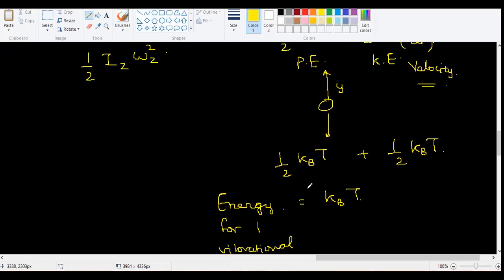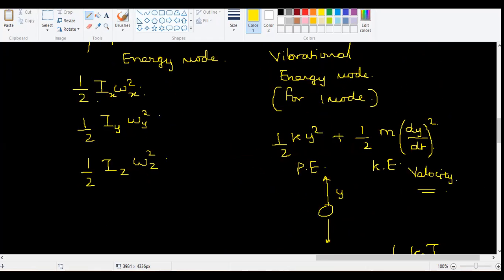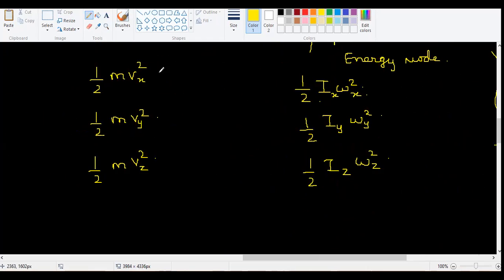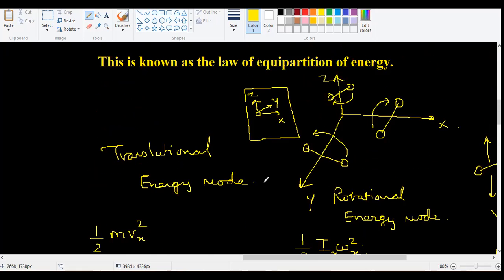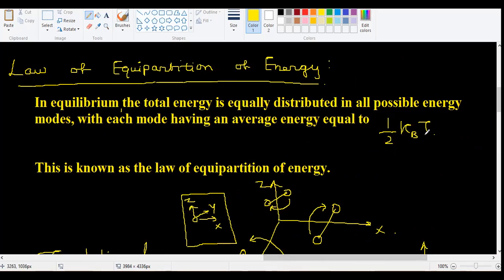In all the other cases, I'll say this is half kT, half kT, half kT. Similarly, here also I get half kT, half kT, half kT. And that's what the law of equipartition of energy says. Each mode will get energy equal to half kT.